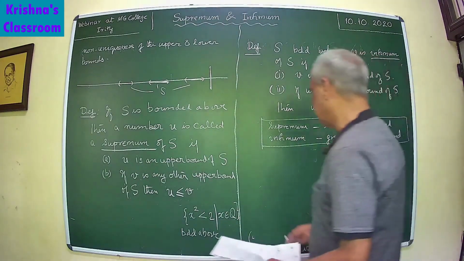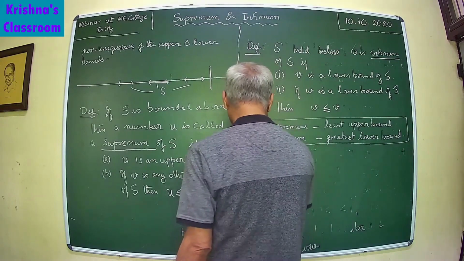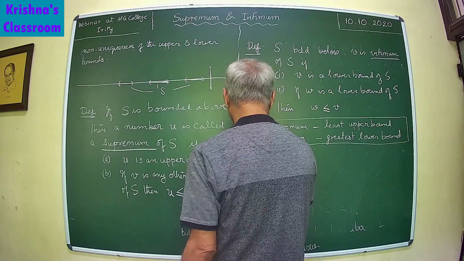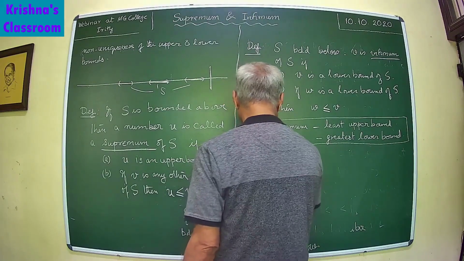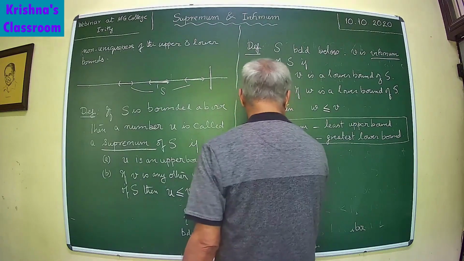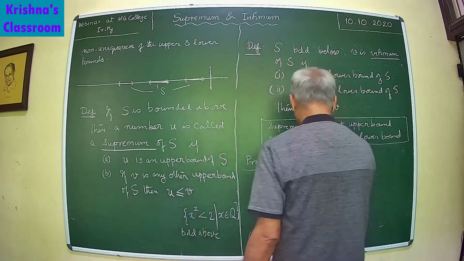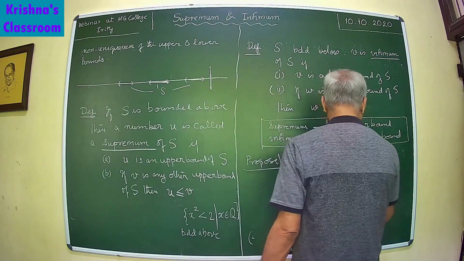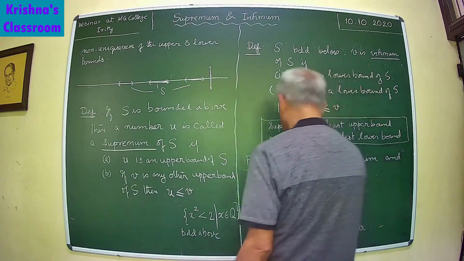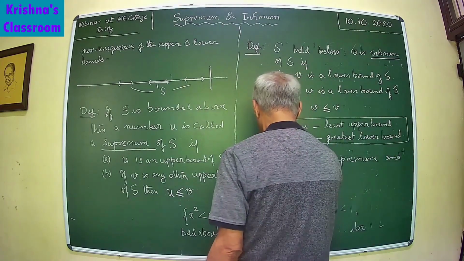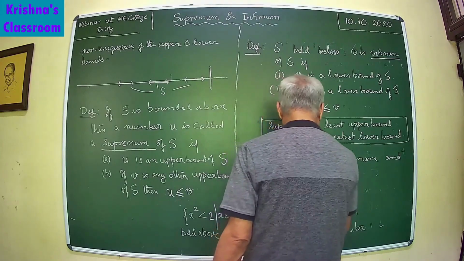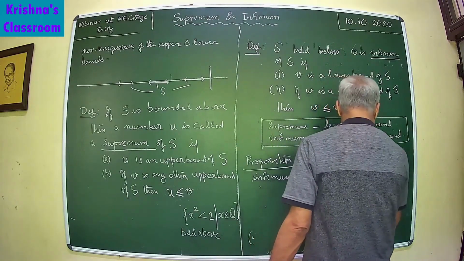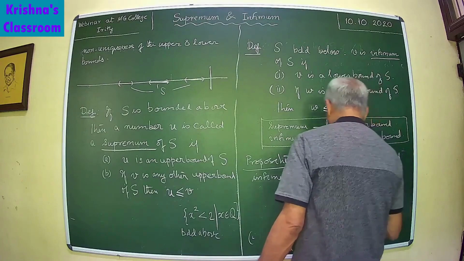Now, one of the observations is the following proposition: the supremum and infimum, whenever they exist, are unique.